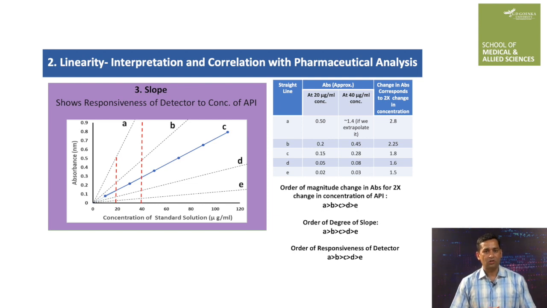For the same concentration change, if an analytical method shows higher response or a straight line shows higher slope, this clearly indicates that the particular analytical method is very sensitive to the change in the API concentration and is preferred for analytical method development.